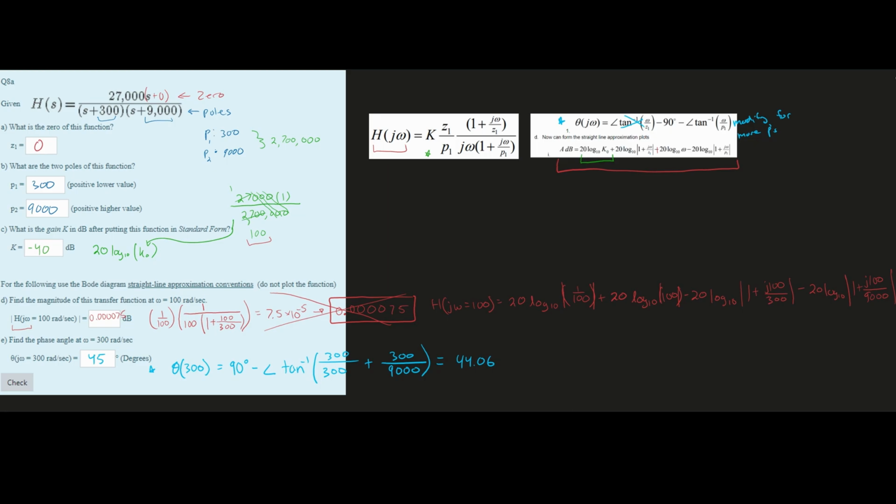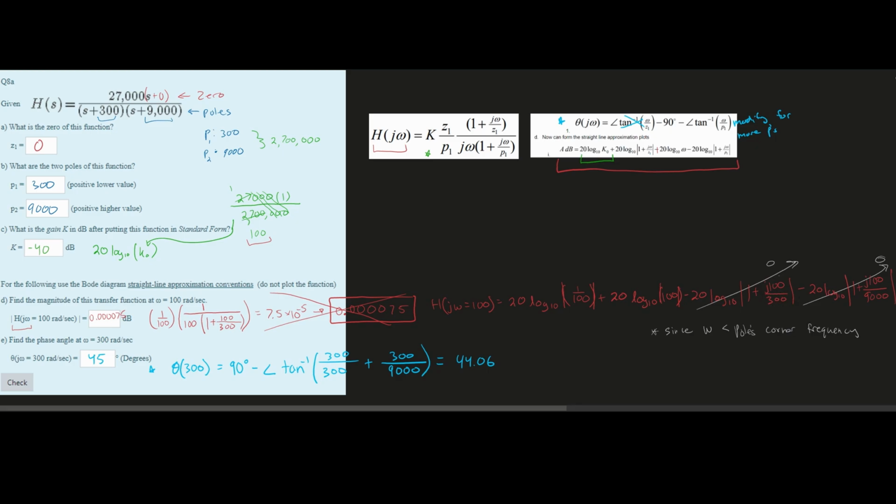But there is some things to note, and that's since our omega is less than the pole's corner frequency, that means this is going to be 0, and this is going to be 0. We're going to be comparing the numerator up here, this is the omega, to the denominator, which is the pole.